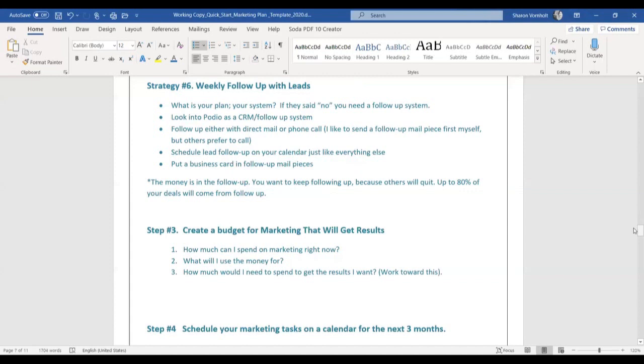If you can only do 500 pieces a month, but you can do those consistently month after month, that's much better than dumping your whole budget into one giant mailing and hoping you get a deal. One thing I want you to think about is look at both sides of the coin. How much can you spend today, and what do you actually need to spend to get the results that you want to get? And this is what you should be working toward.